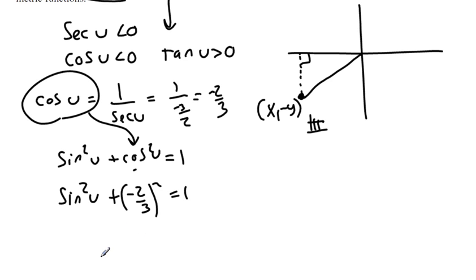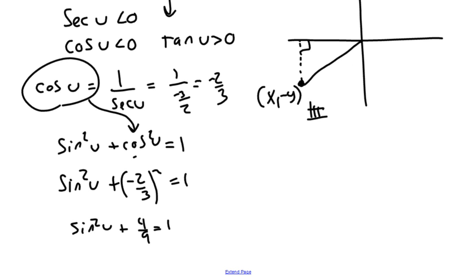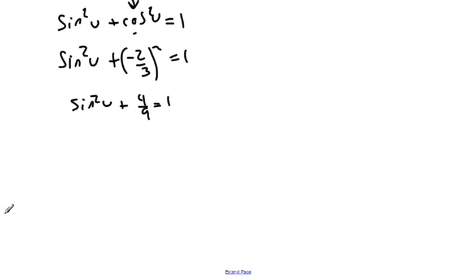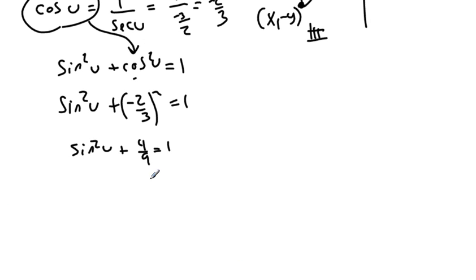If we square this, we have sine squared of u plus 4/9 equals 1. If I subtract 4/9, I get sine squared of u equals 1 minus 4/9, which is 5/9.